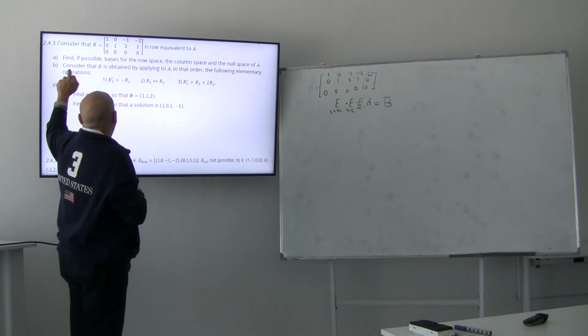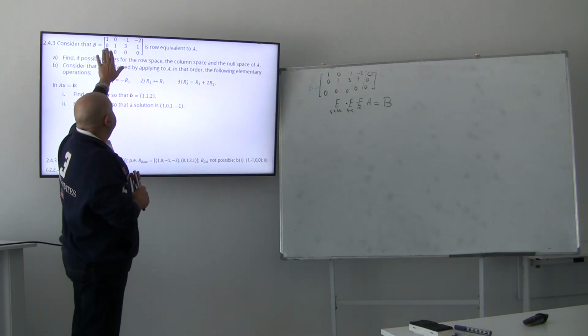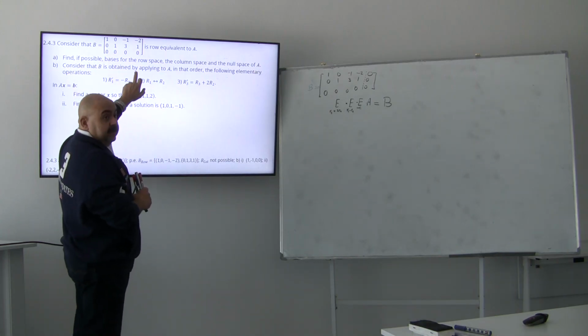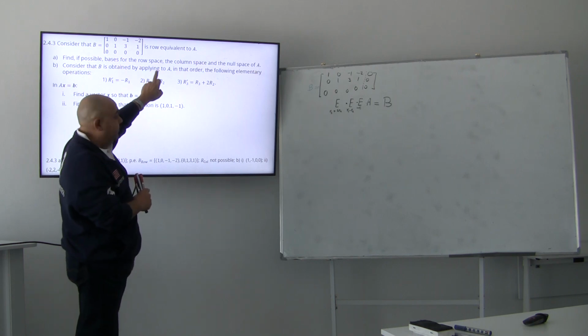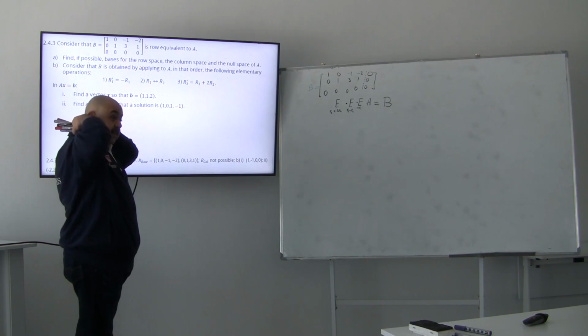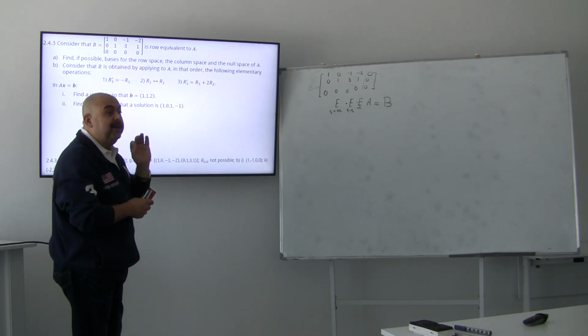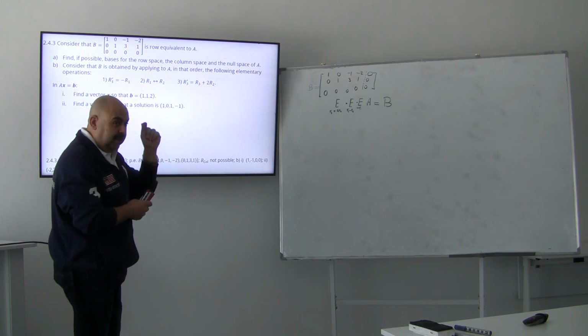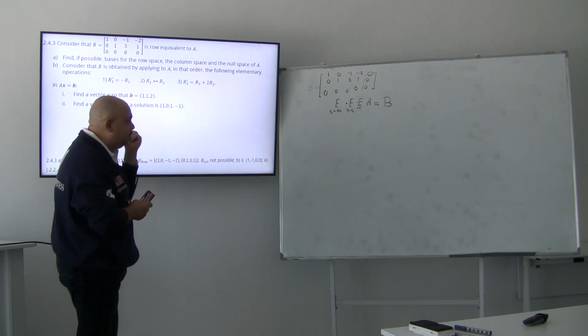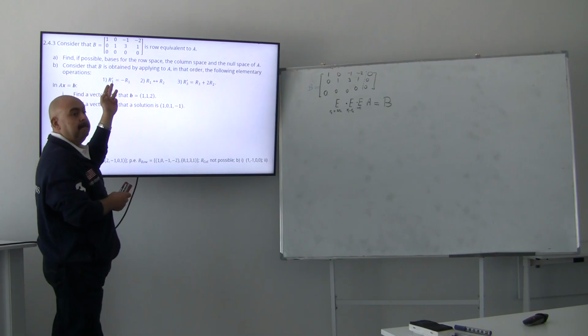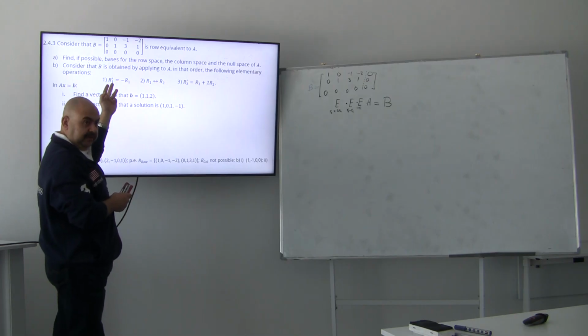Once more, consider that B is obtained, this matrix, by applying to A the following elementary matrices. The main thing that you should think about is the order of the elementary operations. The order starts from multiplying the first row by negative one.